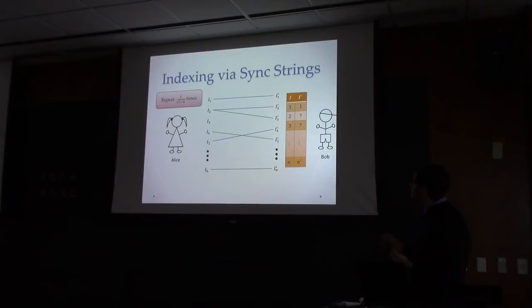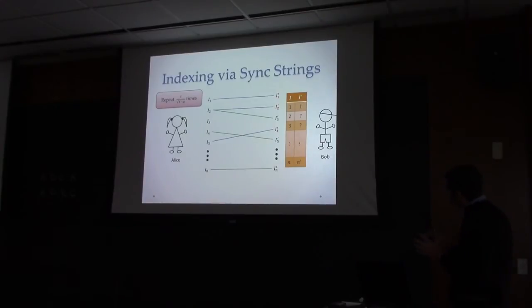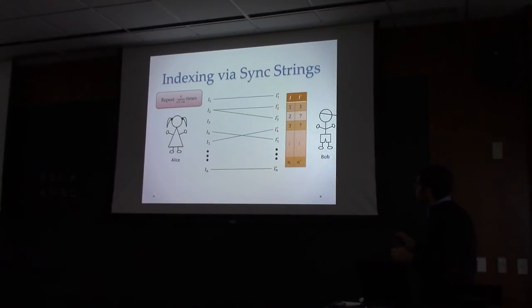Then at the end of this process, Bob again tries to build this table, and the way he does it is kind of clear. If for some index on the left-hand side you have only one match on the right-hand side, that's what you decode the message to be. And if you have more than one or no edges matched to it, you're going to return the question mark.